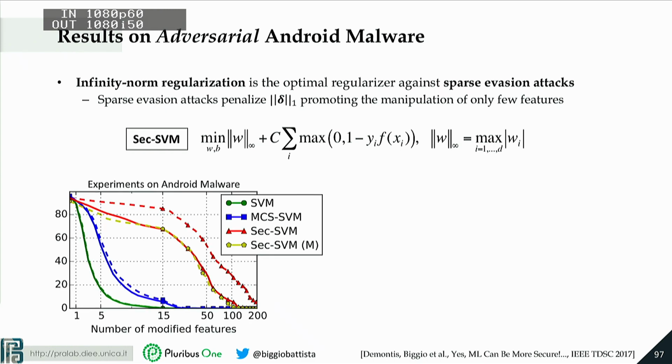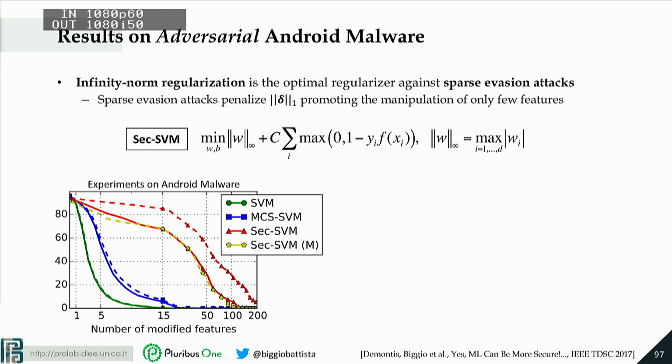And in fact, when you test it, this is a plot that shows the correctly detected malicious applications at 1% false alarms, so legitimate applications misclassified as malicious. So it's the detection rate. And if you recall, we saw the green curve, and this is 95% more or less, so 95% of malware is correctly detected. By injecting just 5 to 15 objects in each malware application, you can flip the decision on almost all samples.